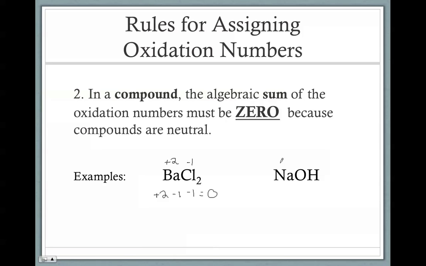Same thing here with sodium hydroxide. Na we're going to see is +1, oxygen is -2, hydrogen is +1, and I have one of each, so we're going to see +1, -2, +1. If I find the sum of that, I get 0. So these are all neutral compounds, and all of their oxidation numbers add up to 0.